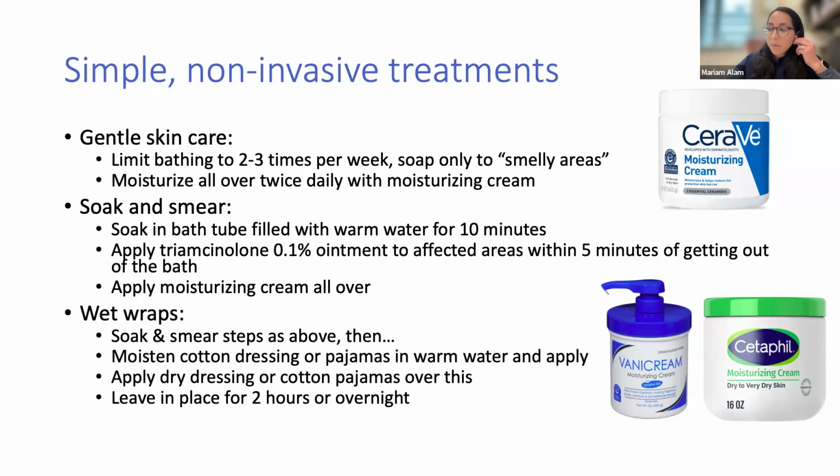Another thing that I'll recommend sometimes more in the pediatric population, but I will sometimes reach for it in my geriatric patients, is wet wraps. Basically you do the same thing as you did with the soak and smear. You have them take a bath, put triamcinolone on, then moisturizer on. And then after that, you have them take warm, wet cotton pajamas and put them on top of those layers of moisturizer and triamcinolone, and then put dry cotton pajamas over that and leave it in place for 2 hours or overnight.